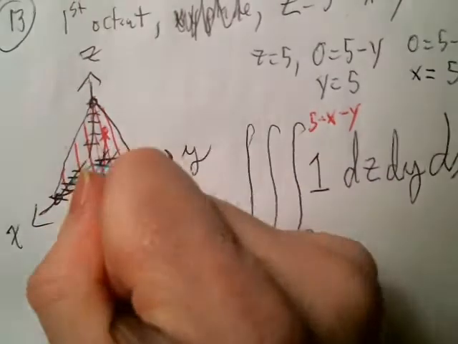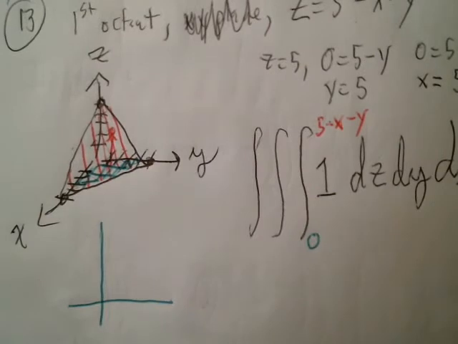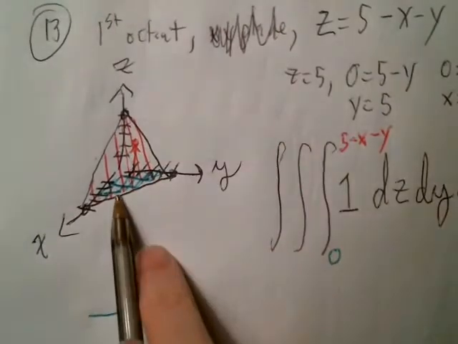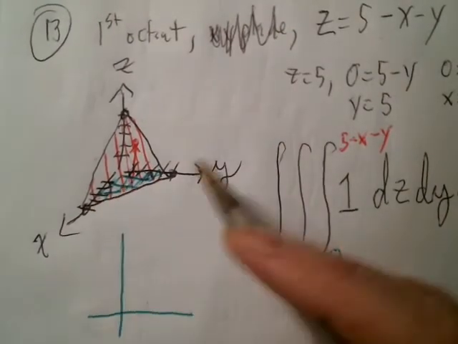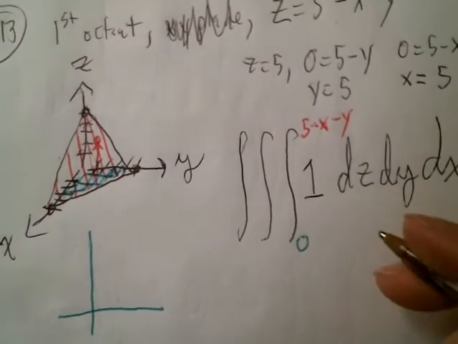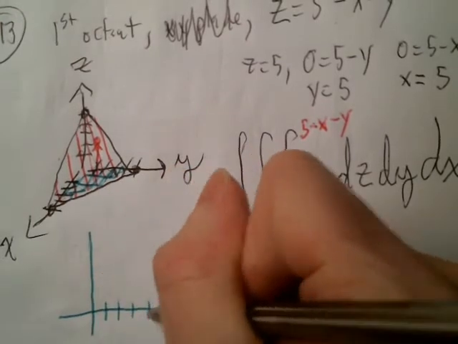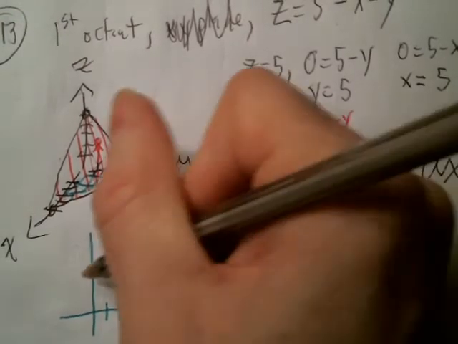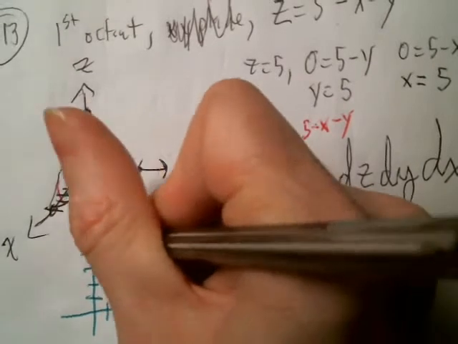And for that, I sometimes just draw an XY plane here. And this green triangle is what I'm after, right? So in particular, I can plot those 2 points I got, 5, 0 and 0, 5 in the XY plane.